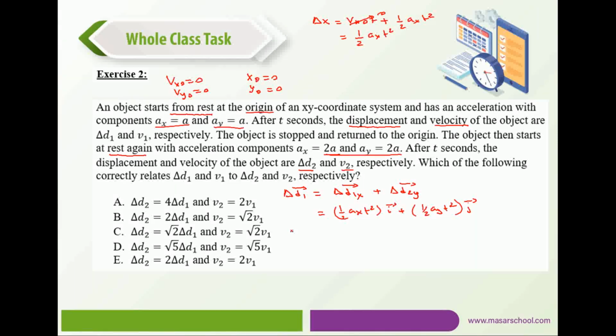Now for the velocity v1, we know that the final velocity vx is given by the initial velocity along the horizontal plus axt.